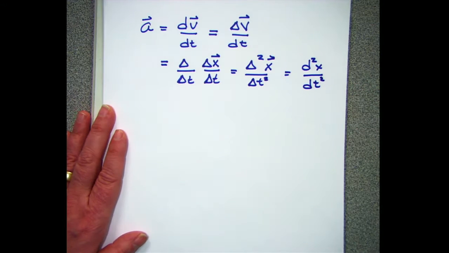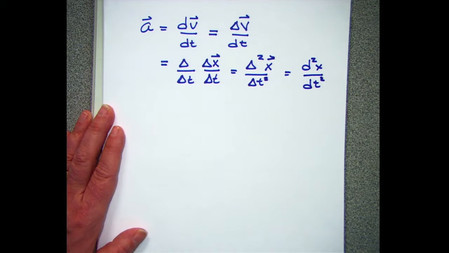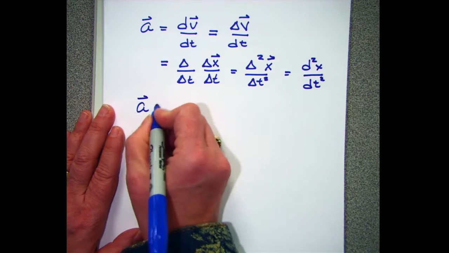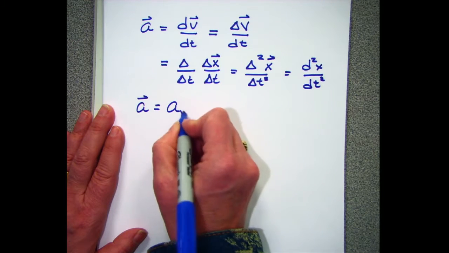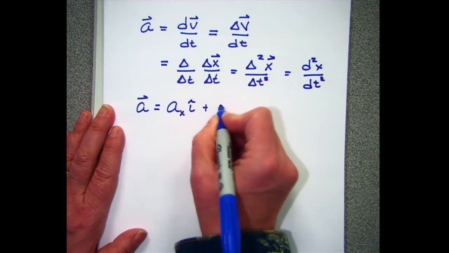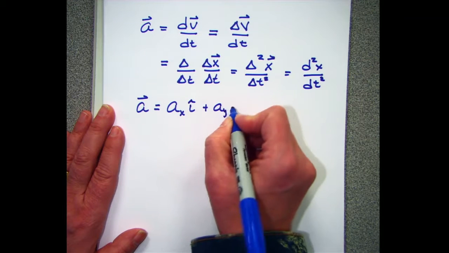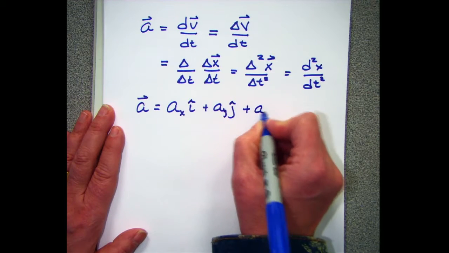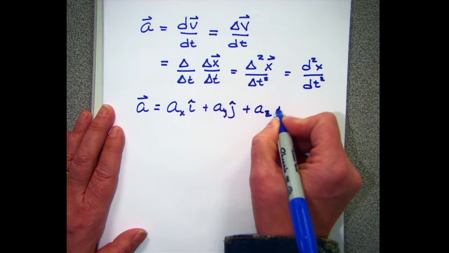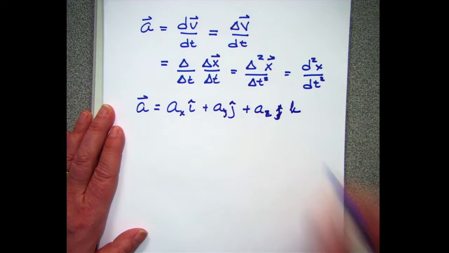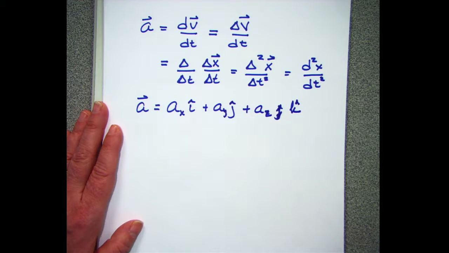Now that's only in one dimension, because my acceleration vector can be written as my acceleration in the x direction plus my acceleration in the y direction, plus my acceleration in the z direction. And that is the more general form.